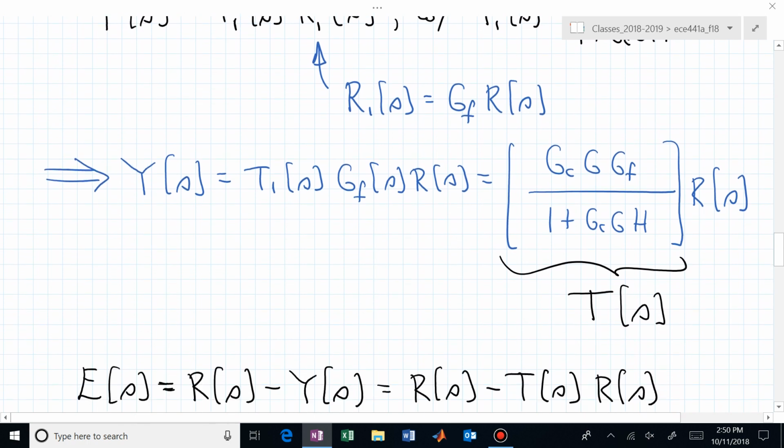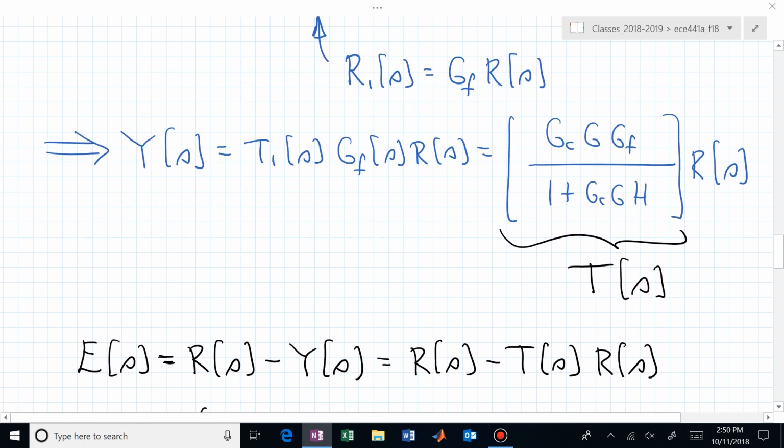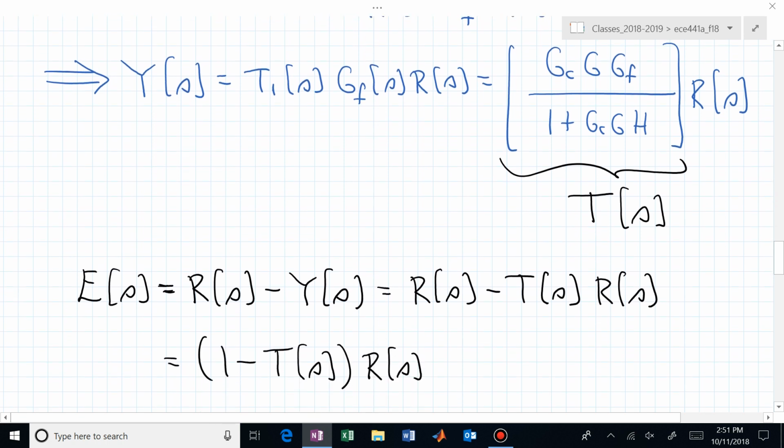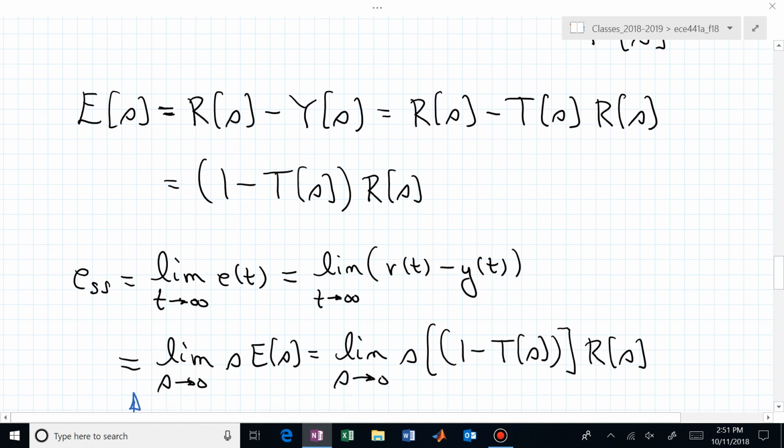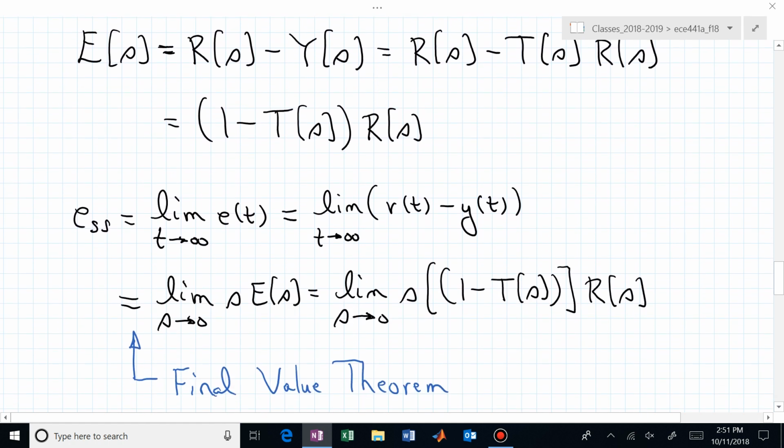Once we have that transfer function, we can now use that in our error expression, which compares the reference input R to the output Y. That's just R minus TR. We can pull out a common R, factoring out 1 minus T of S in our E of S expression, and then we can actually use the final value theorem to help us look at one point in time without having to do too much solving.